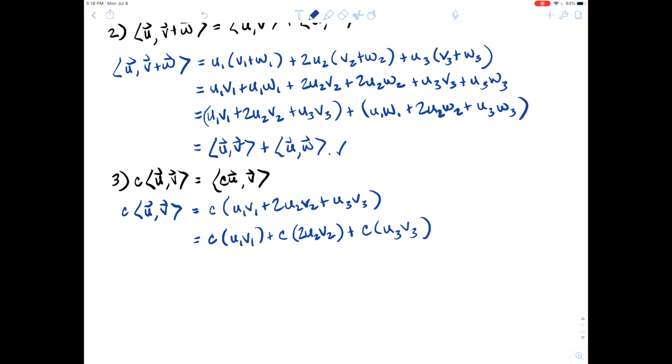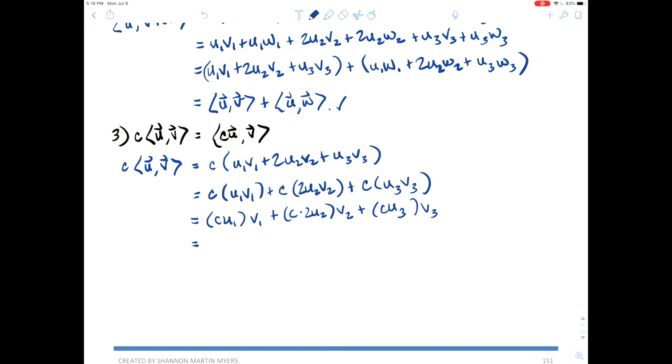Groovy? Okay, so now I want the C's to be with the u's, correct? So I'm going to use the associative property on this. So what would I have? I'd have Cu1 times v1 plus C times 2u2 times v2 plus Cu3 times v3.